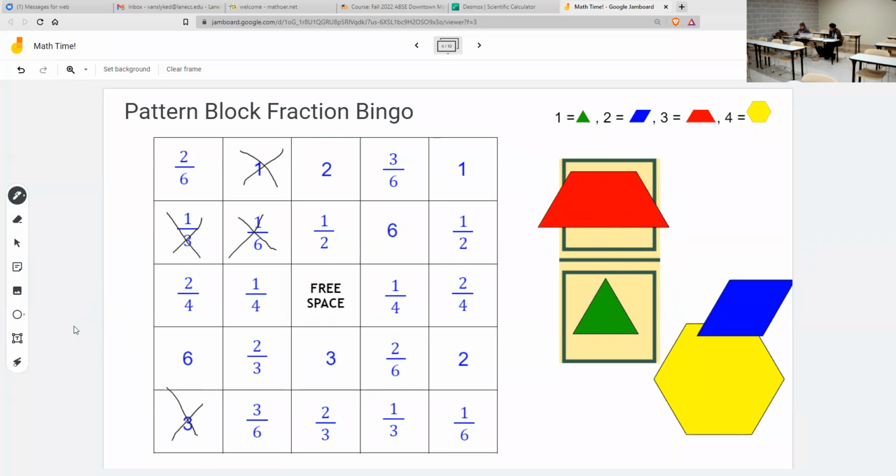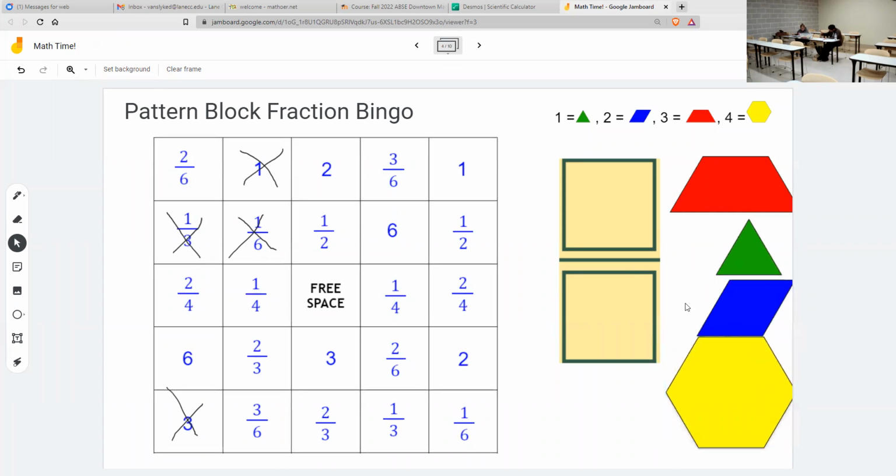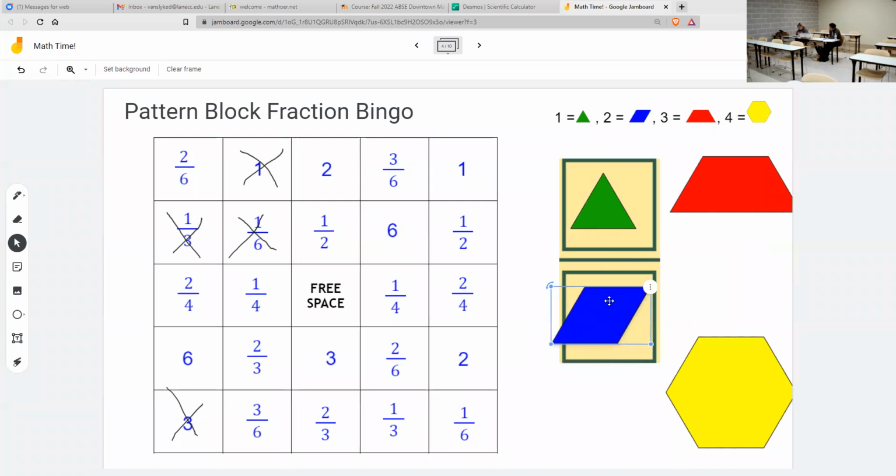Yes, you could do a 3 or a 1/3. 1 and 2. So the green is half of the blue, or the blue is as big as 2 greens. So 1/2 or 2.